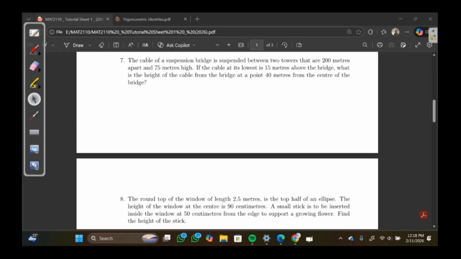They say there is a cable of a suspension bridge between two towers. And so let's say this cable is somewhat like this. Somewhat like that.